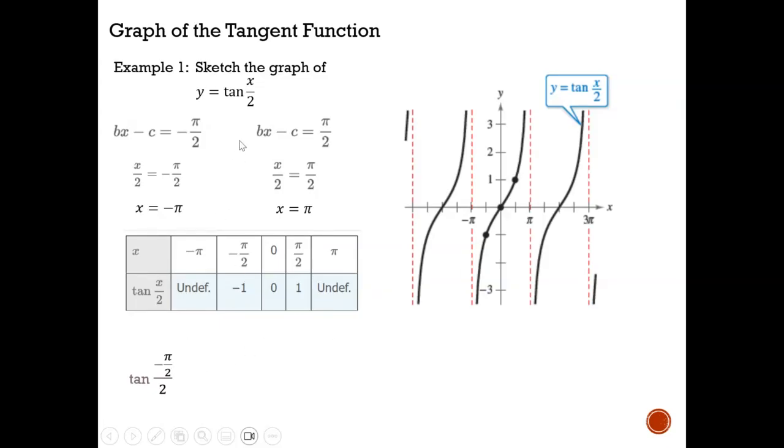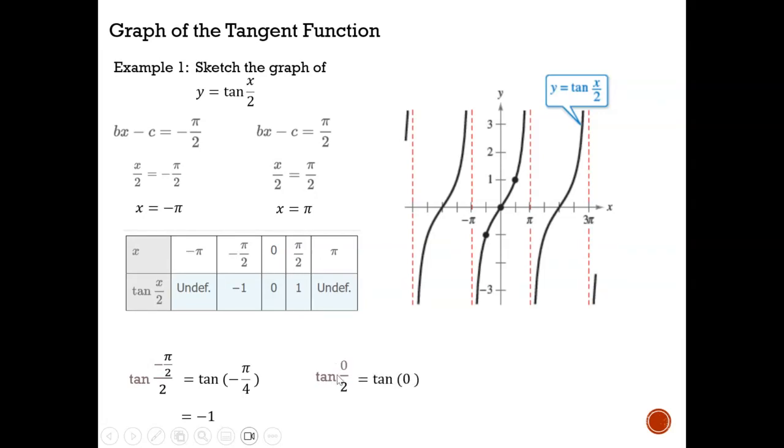So if we plug in negative pi over 2 for x, we have the tangent of negative pi over 2 over 2, which gives us tangent of negative pi over 4. The tangent of negative pi over 4 is equal to negative 1. So at negative pi over 2, the answer is negative 1.